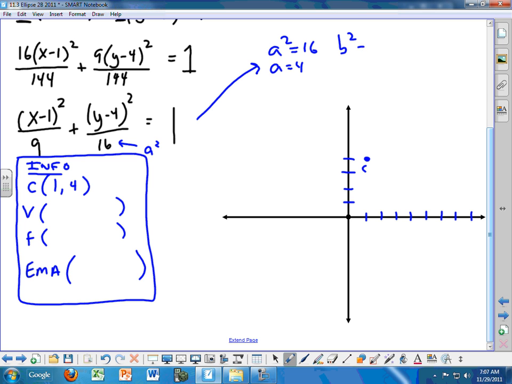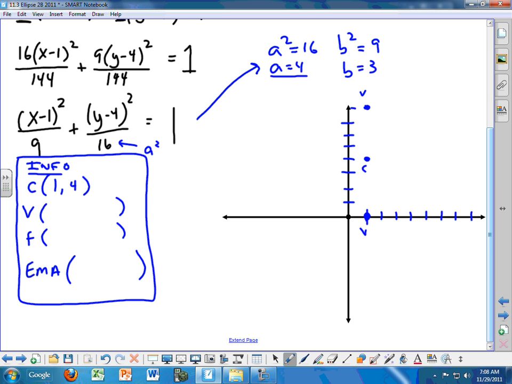B squared is 9, and so b is 3. Now these are representing the distances from, for example, for the a, the distance from the center to the vertex, and we'll be going up and down. That would put one vertex here on the axis and the other one 4 units up. So up here somewhere. That'll be a vertex and that'll be a vertex.